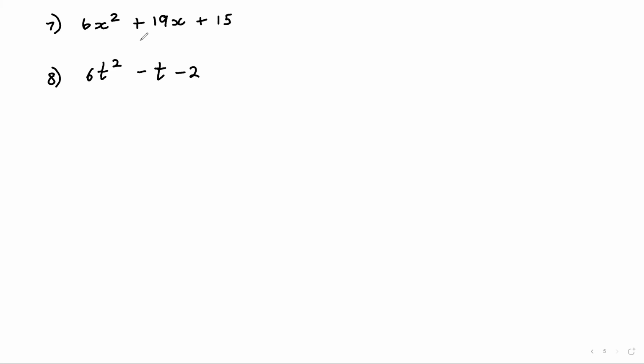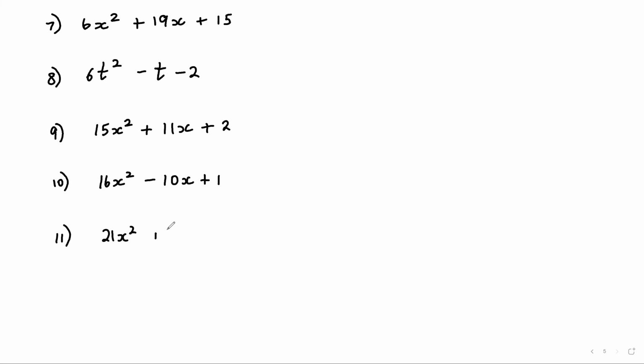A would still be the coefficient of t squared, B will be the coefficient of t, and C will be the constant. 15x squared plus 11x plus 2. 16x squared minus 10x plus 1. 21x squared plus 2x minus 8. And the last one that I want you to try for me, 4x squared minus 11x plus 6.